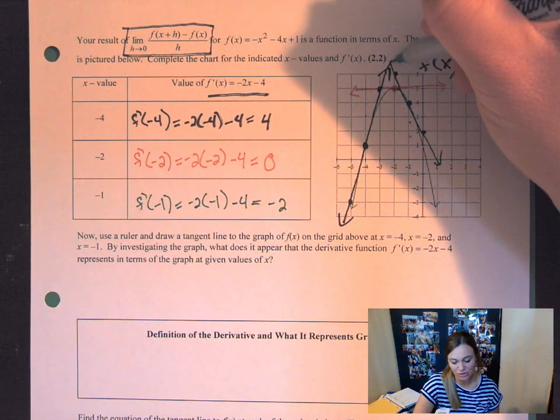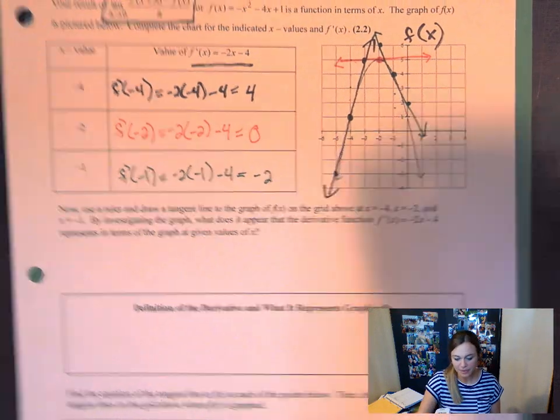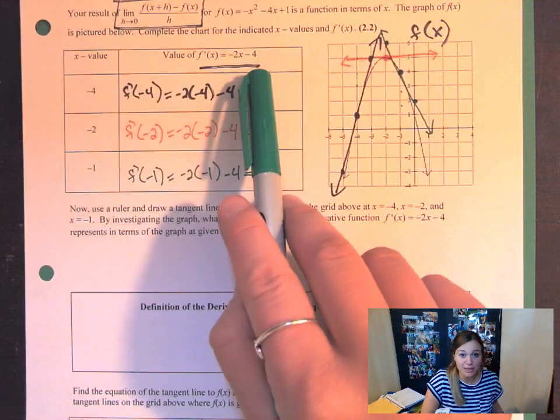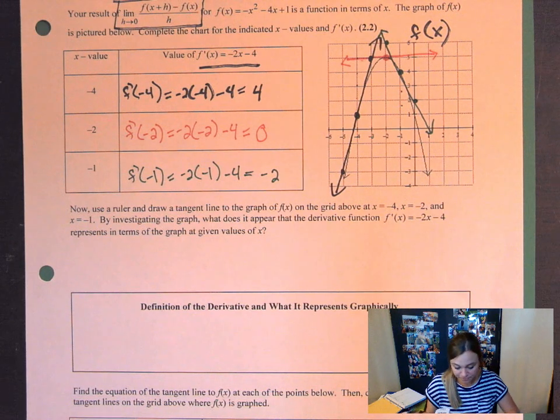That line wasn't as good. I was getting cocky because my other ones were so good, but that's okay. I can see that I just created a tangent line, and the slope of my tangent line is negative 2. The derivative is the slope of a tangent line. So even though it was this crazy function to begin with, if I'm substituting in individual values, it's going to give me the slope at those locations.